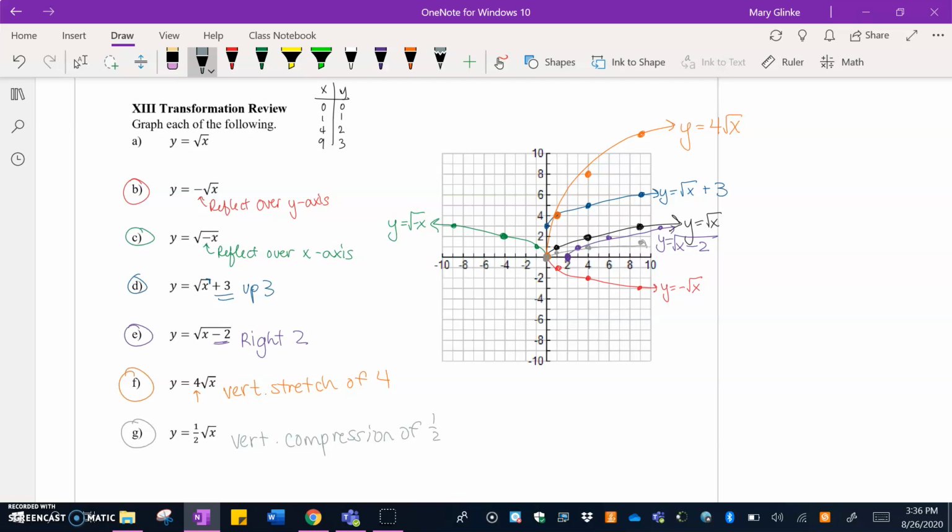So it's a vertical compression. So this is y equals 1/2 the square root of x. A lot of these affected your y values. The only ones that affected the x values were inside the radical. Everything else affected your y values.